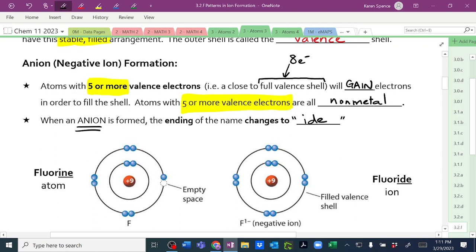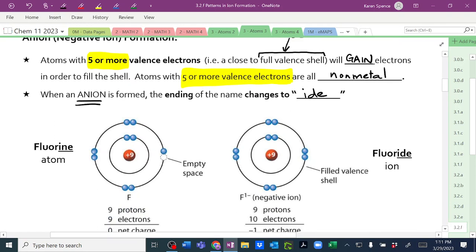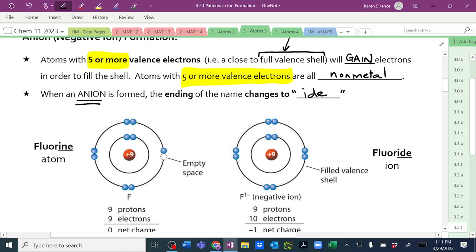That will be one of the questions on your quiz. You will be expected to name an anion by changing the ending to ide, which is not hard. We'll practice. Look, fluorine becomes fluoride. Was that easy or hard? Easy.